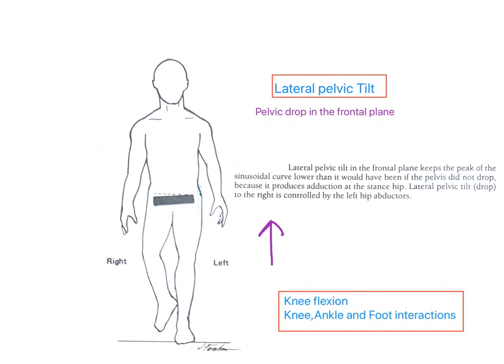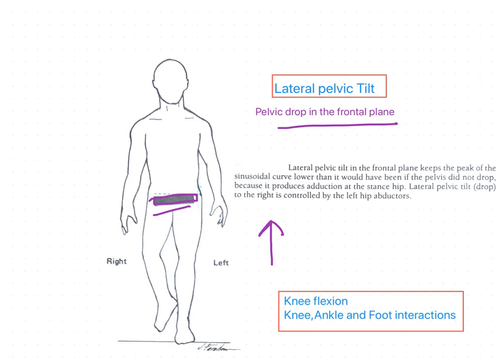First we are going to discuss the lateral pelvic tilt, or the pelvic drop, in the frontal plane. Here this one is the pelvis, the dotted lines show the actual position, and this one is the tilted pelvis.